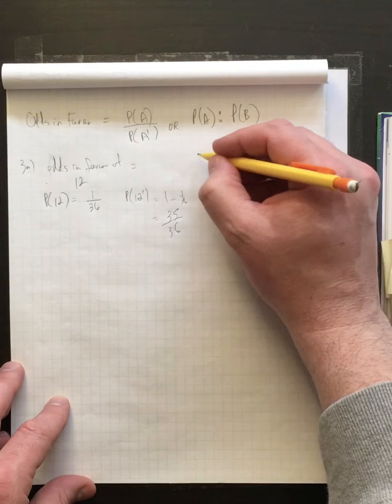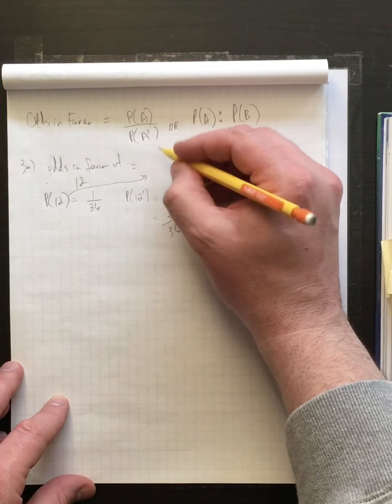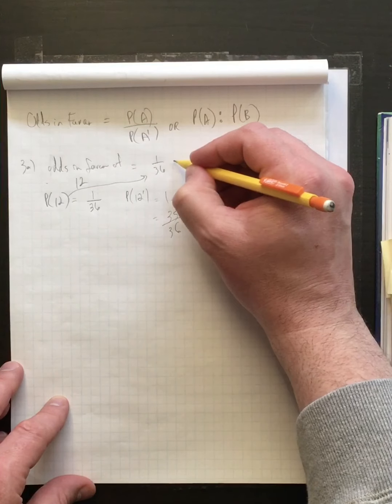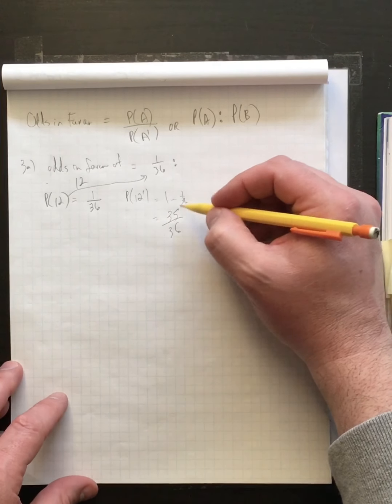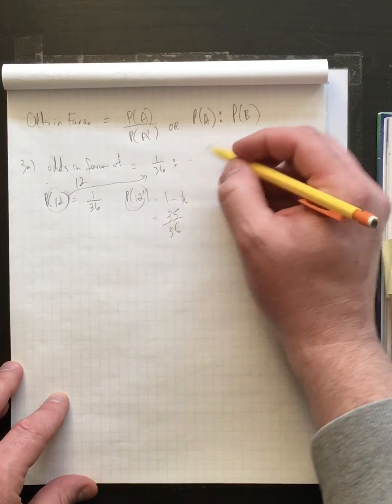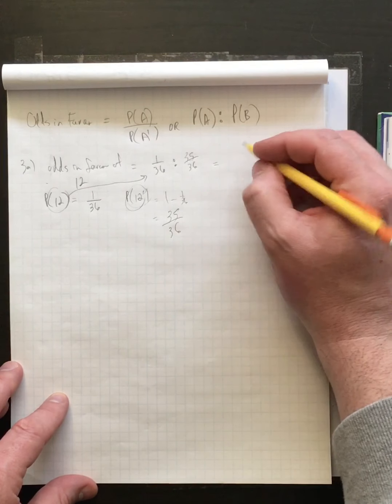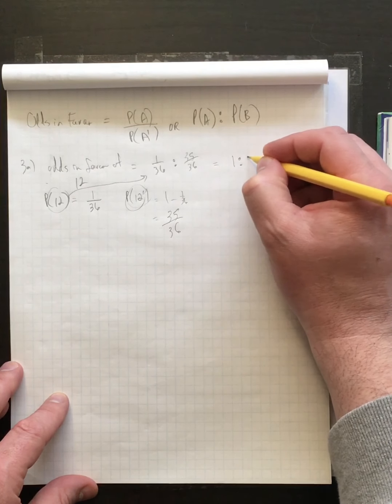So my odds in favor are going to be P of A, which is 1 out of 36, and then P of A prime, the probability of 12 primed, which is going to be 35 out of 36. So the odds in favor is 1 to 35.